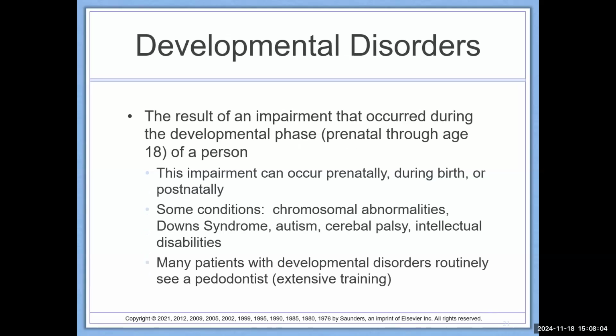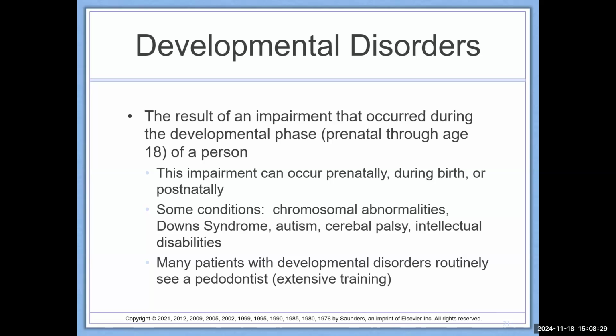Now, with developmental disorders, the result of an impairment that occurred during the developmental phase of a person is what defines this. This is usually anywhere from prenatal through age 18, so before they're born, through the age of 18. So this impairment can occur prenatally, during birth, or even postnatally. Some of these conditions are chromosomal abnormalities, we have Down syndrome or trisomy 21.